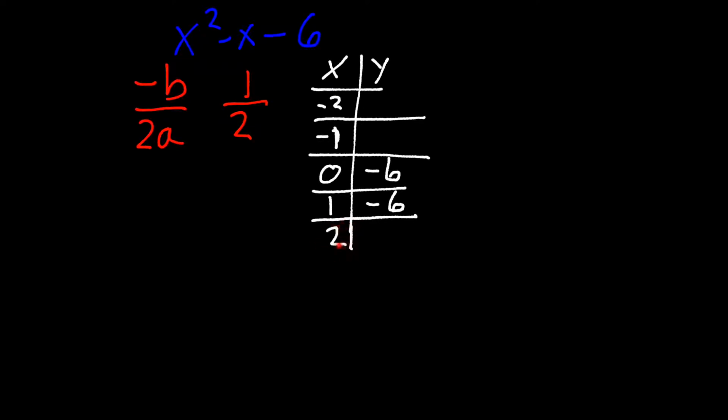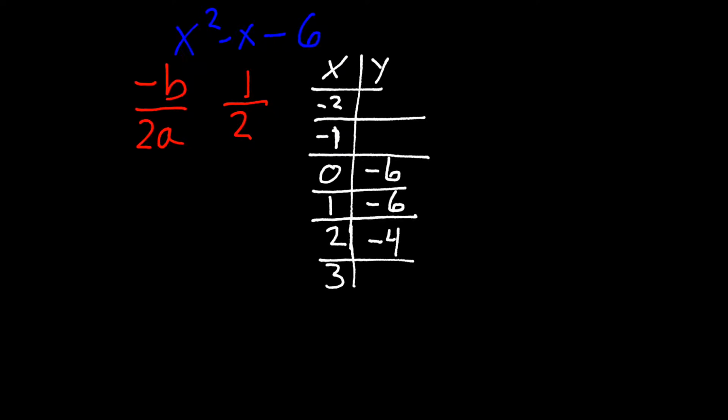Substitute in 2 for x, we'll have 4 minus 2 is 2, minus 6 is a -4. And so far we have not found a 0. But I can tell from the trend here, I'm at -6, I'm getting closer to 0. Let's see what happens if I go to 3.